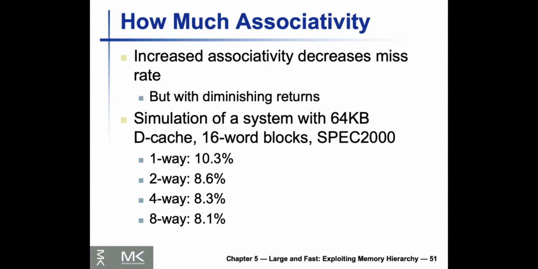So each block has 16 word size. And they've used 4 different caches: 1-way, 2-way, 4-way, and 8-way. On average, they found that a 1-way set associative, which in essence, what is it? When you have a 1-way set associative, direct map.